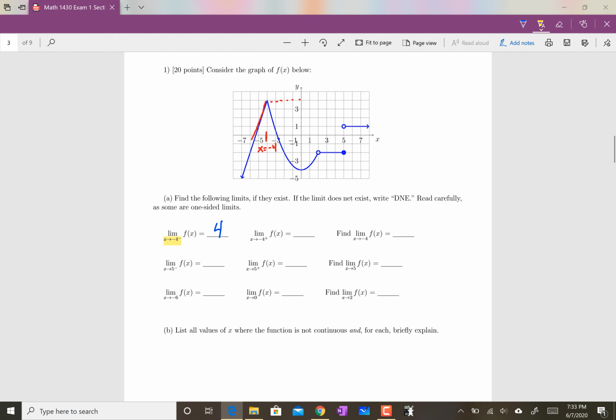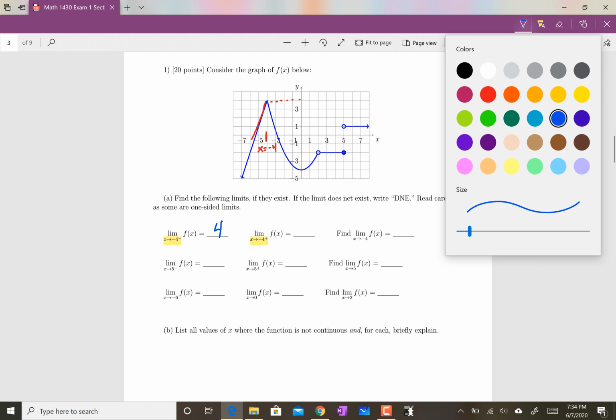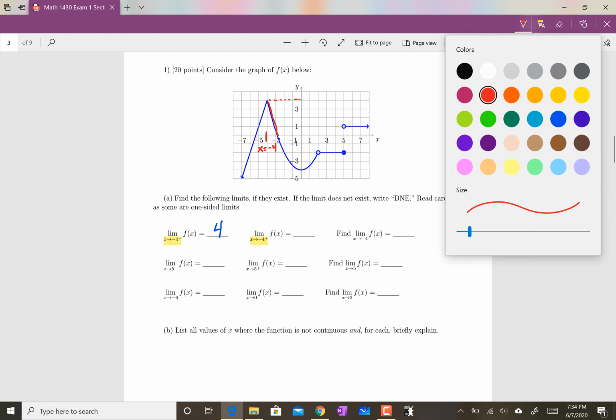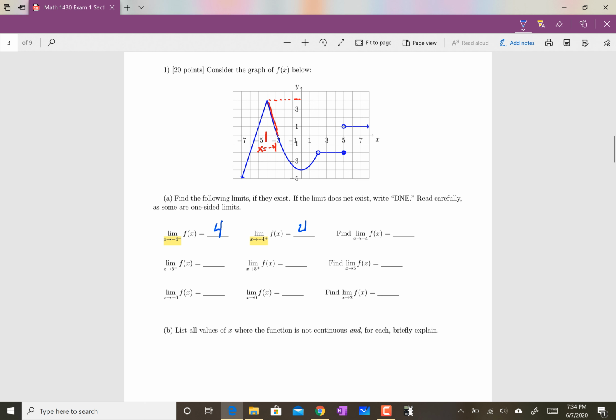The second limit is also a one-sided limit. We have the limit as x goes to -4 from the positive side. If we come along from the positive side and we move along the graph towards x equals -4, we're again going to get the value of y equals 4.